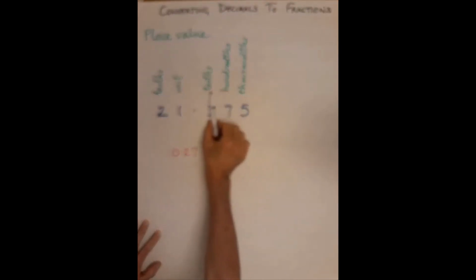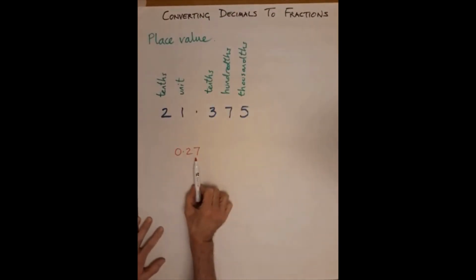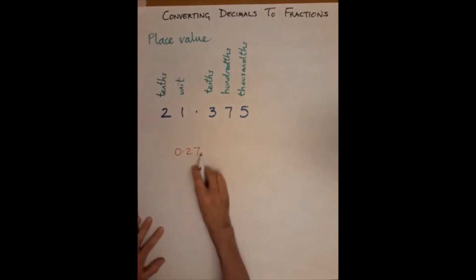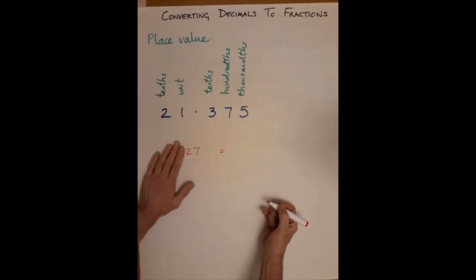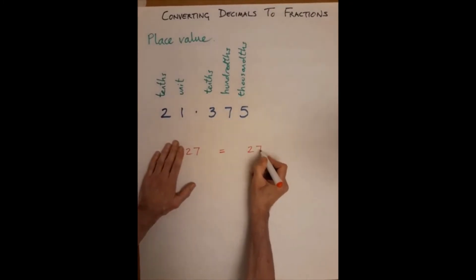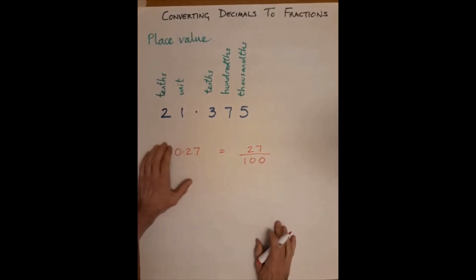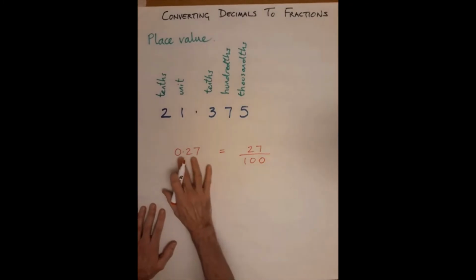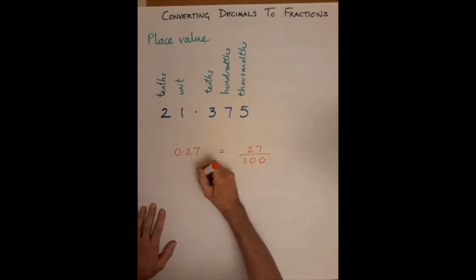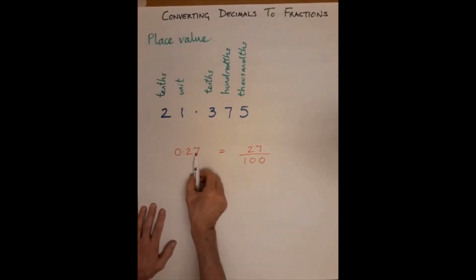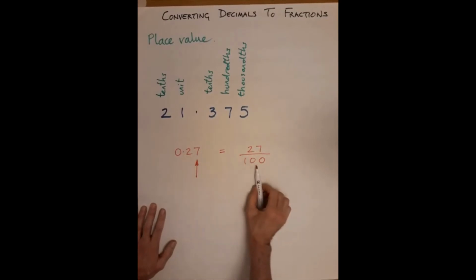It is important that you recognize where the smallest digit is, because we can now write that as 27 over 100. And we've converted the decimal into a vulgar fraction. The key was understanding where the place value is of the smallest digit. So this is 7 hundredths, so we take the number and write it over 100.